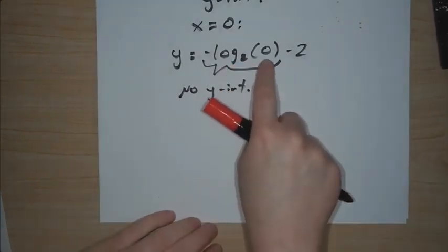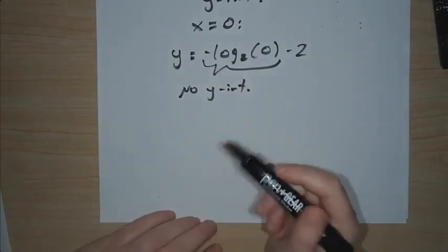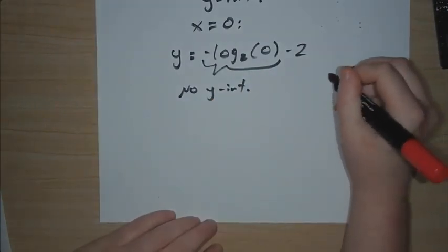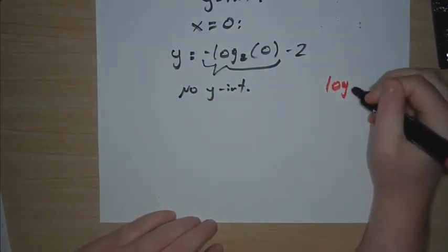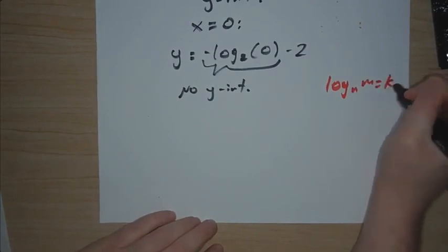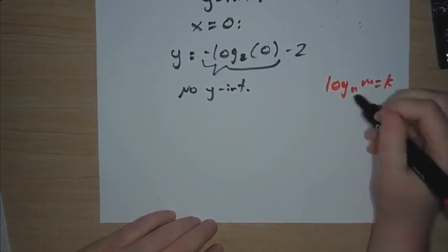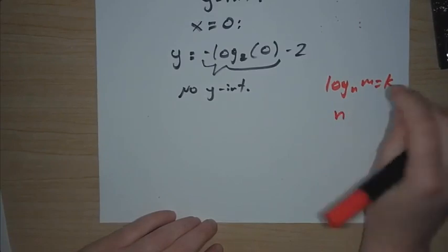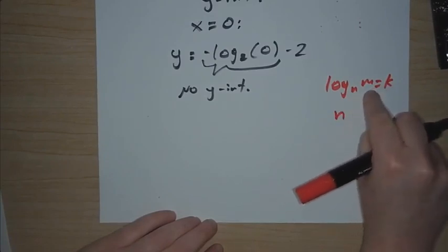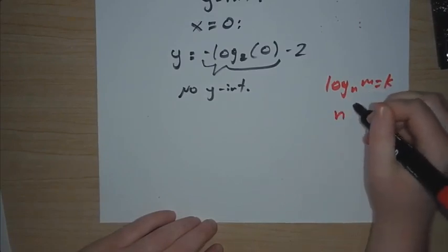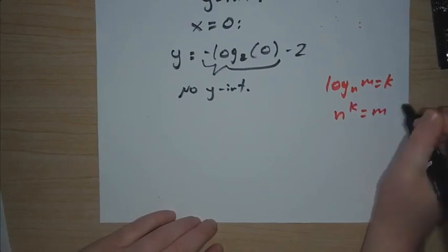Another way to see that this is not really in the real numbers is going back to remembering what logarithms mean. Log base n of m equals k is n to the k is equal to m.